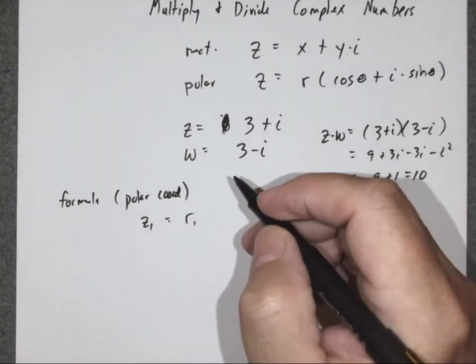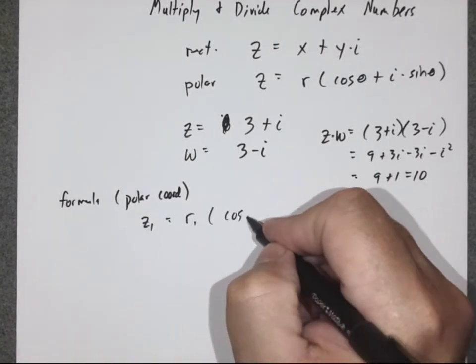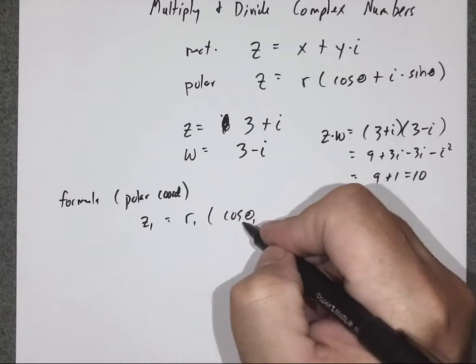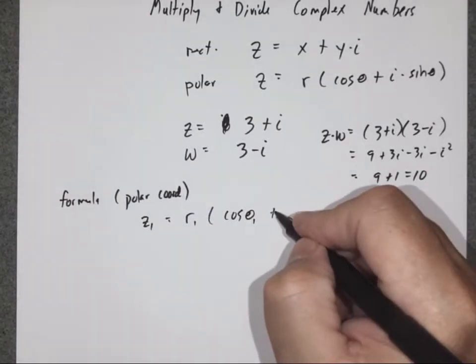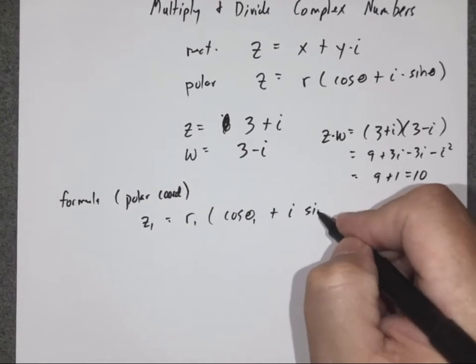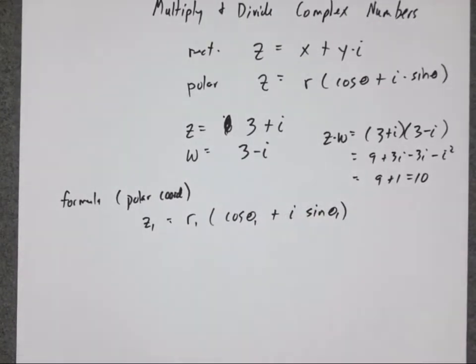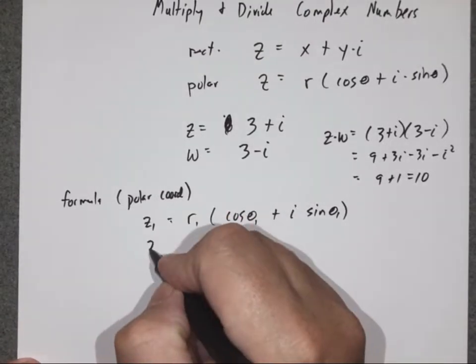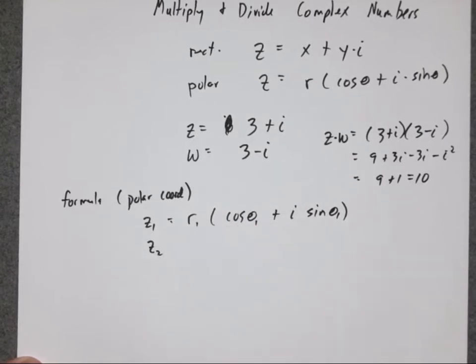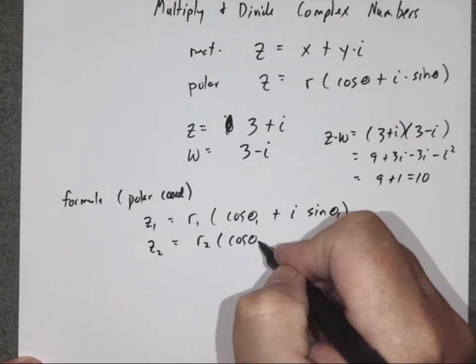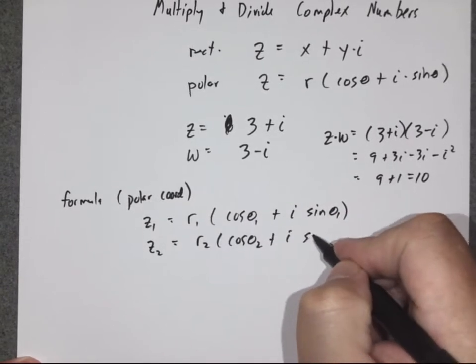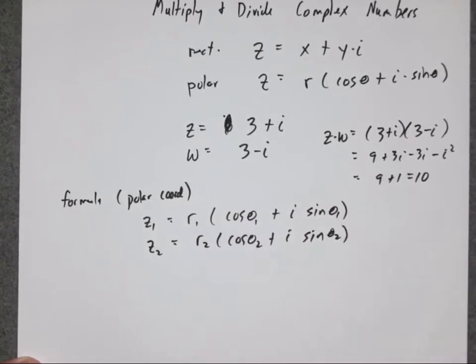Of course, this is the standard form, so I'll call this r1 and theta 1, so we know that makes up the z1. I'm basically just going to write out the equation of a complex number in polar coordinates. Then I'll call the second complex number z2, so it's r2. I'm doing this so I can give you the formulas.